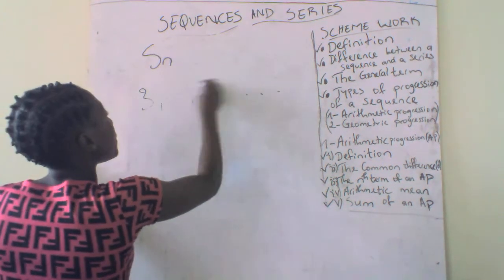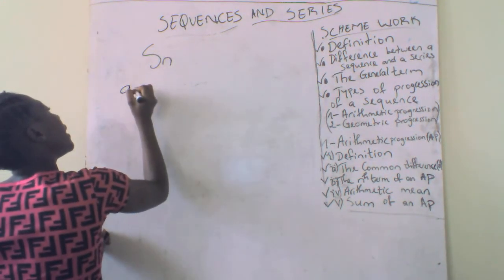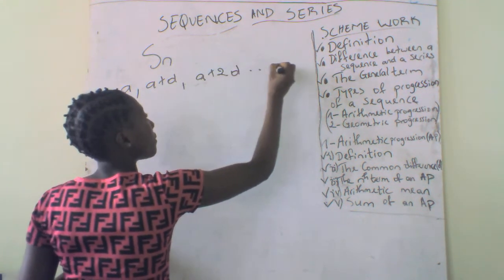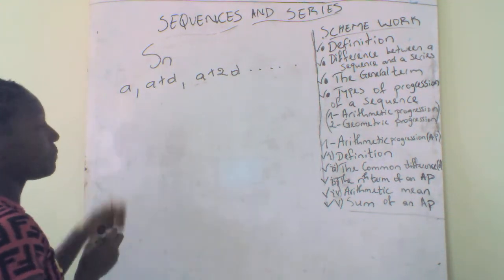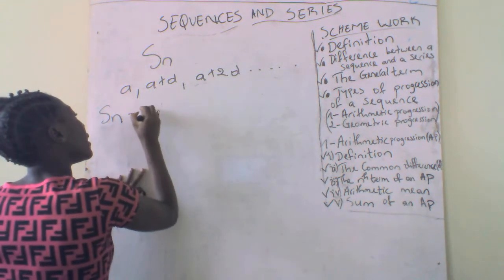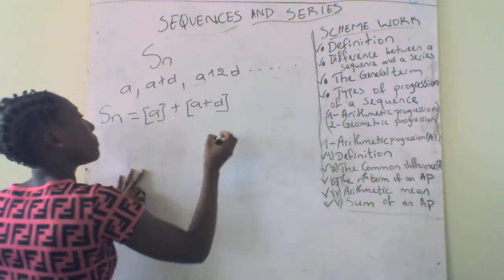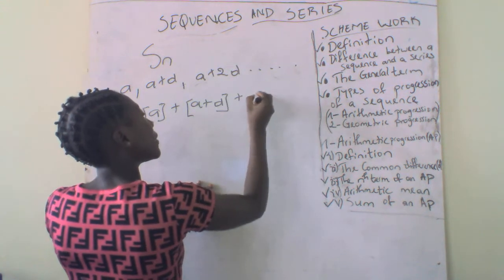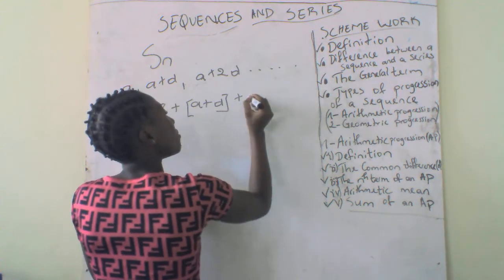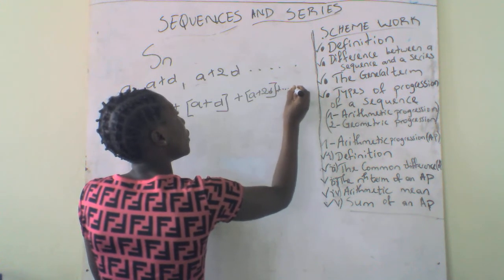So if we have our AP to be A, A plus D, A plus 2D, and so on. This is our AP. Then the sum of this AP will be A plus (A plus D) plus (A plus 2D) plus dot dot dot.